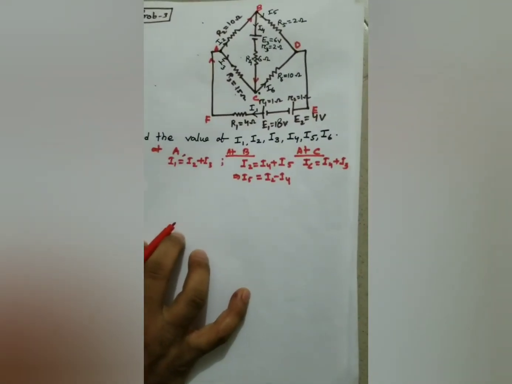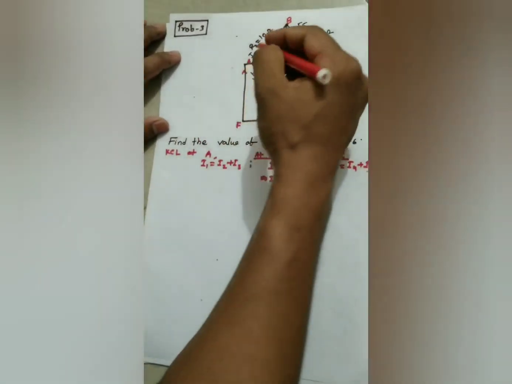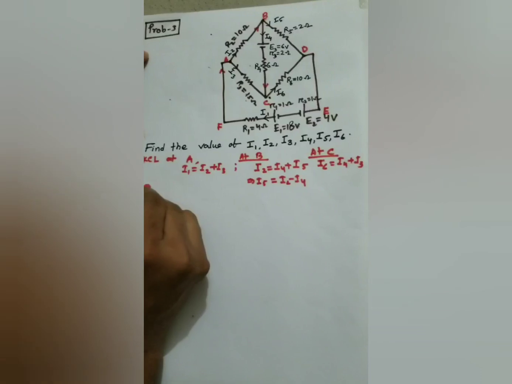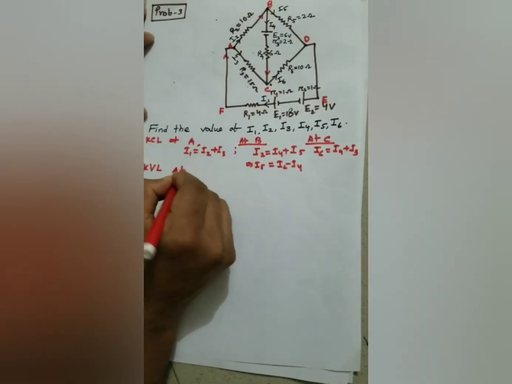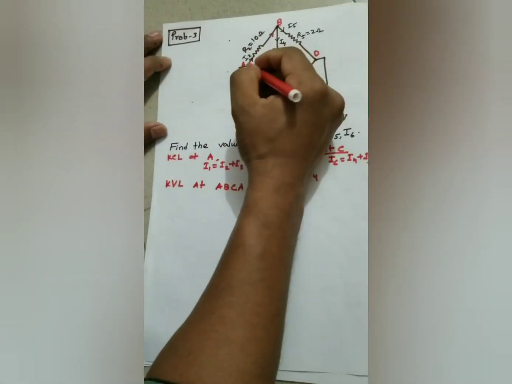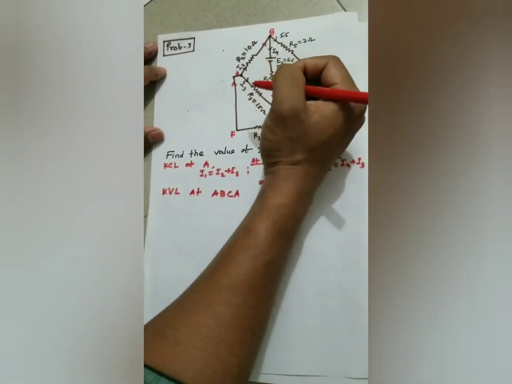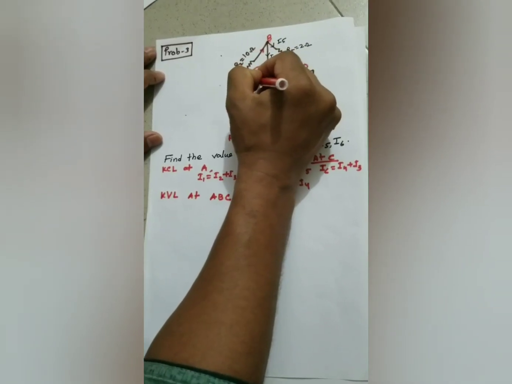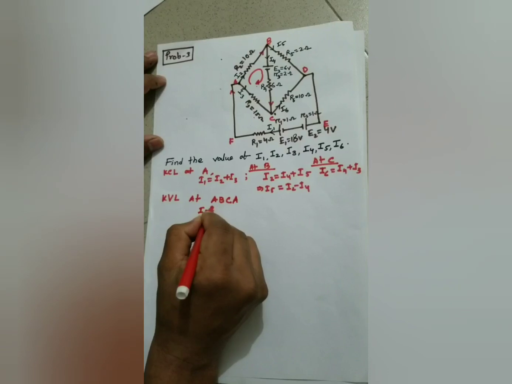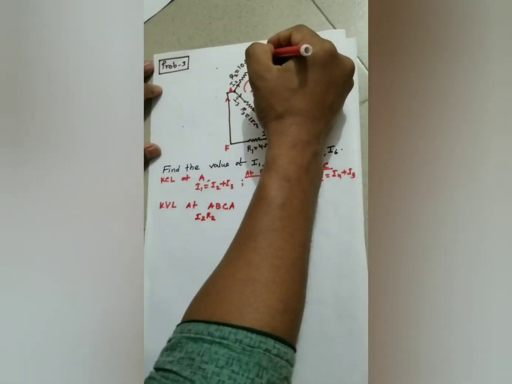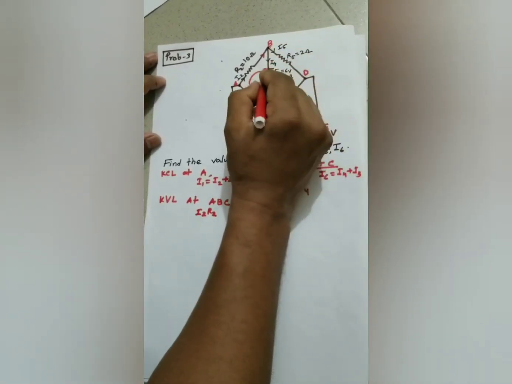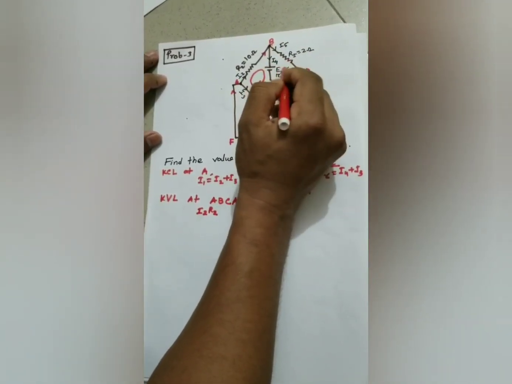Now applying KVL at the loop A, B, C, A. Start our journey from A and we take the clockwise rotation. A to B, I2 R2, then B to C. When we move B to C, we have to face the positive terminal of E3.